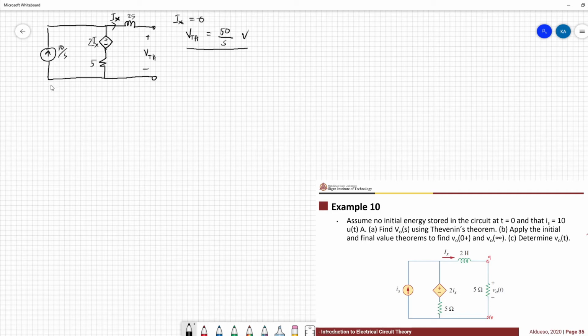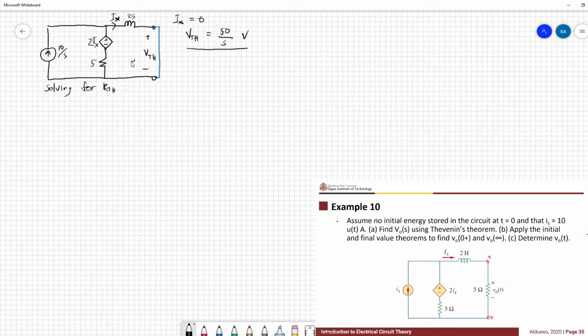Now solving for RTH, we can solve for the short circuit current. In this case, the short circuit current is just equivalent to Ix.